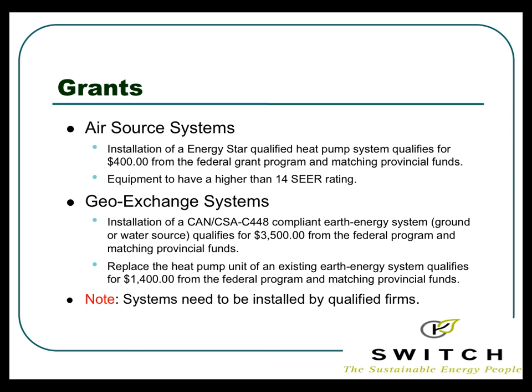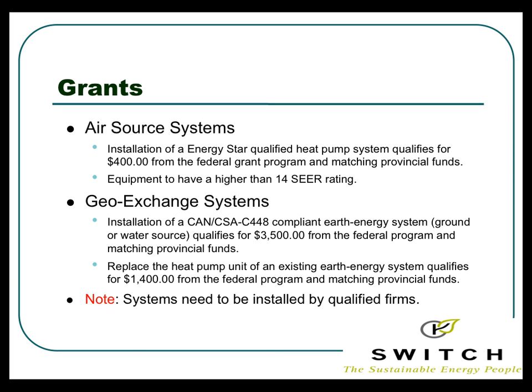SEER standing for Seasonal Energy Efficiency Ratio. Okay, that's how we choose equipment. Refrigeration, air conditioning equipment is rated by SEER ratings. So the SEER rating being your cooling rating, but they mandate that you select a piece of equipment that has a minimum efficiency to be applicable for the grant.